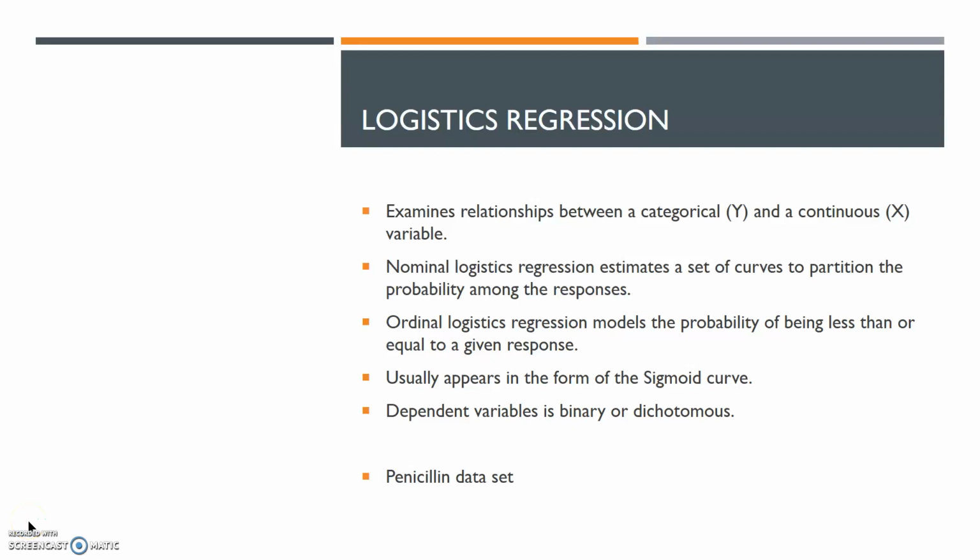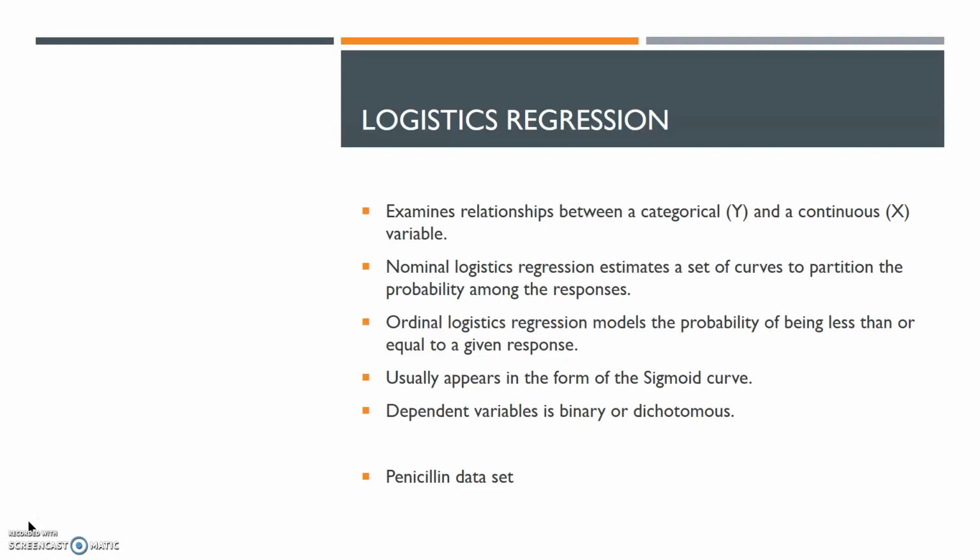Yeah, so now we have logistic regression, and it examines relationships between categorical and continuous variables. Nominal logistic and ordinal logistic are two forms.